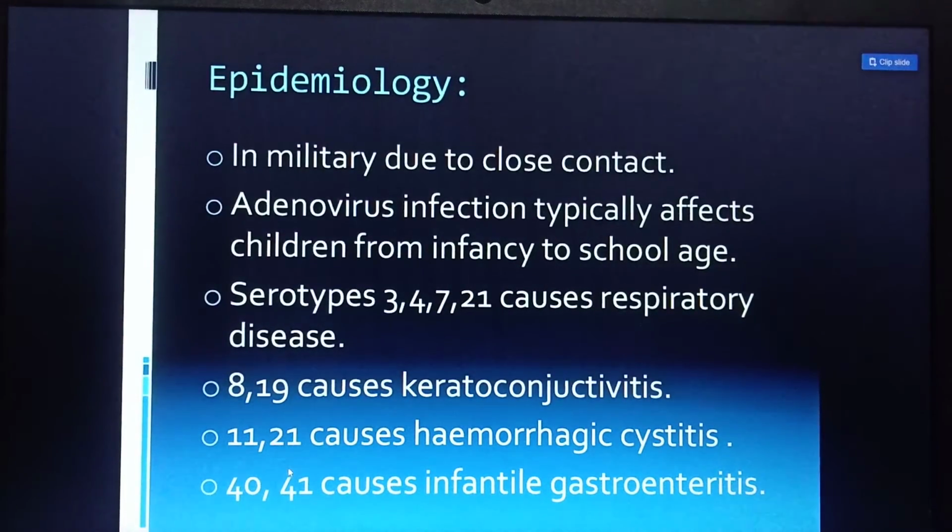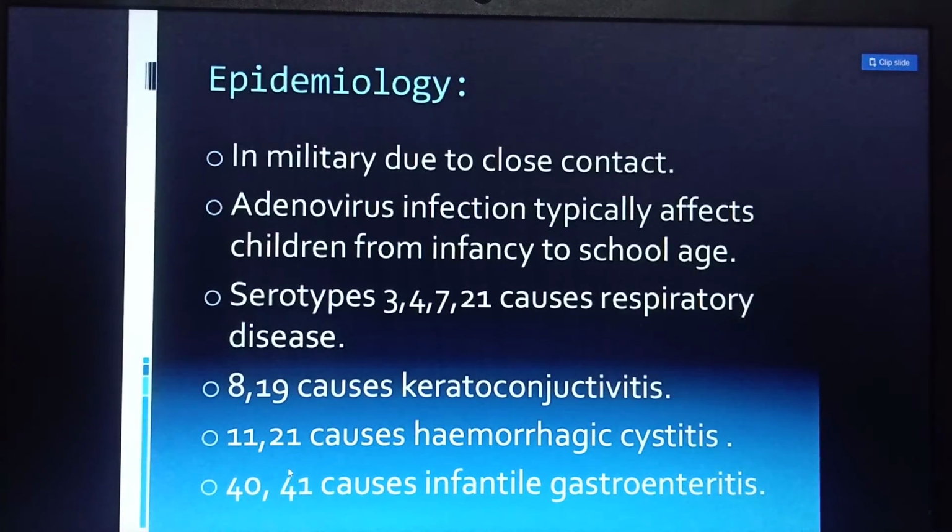Okay, so epidemiology: you can see in the military, when they are closely in contact and doing functions together, in those cases they are going to get it. Also children, from infants to school age group, whenever they are in contact with a group.